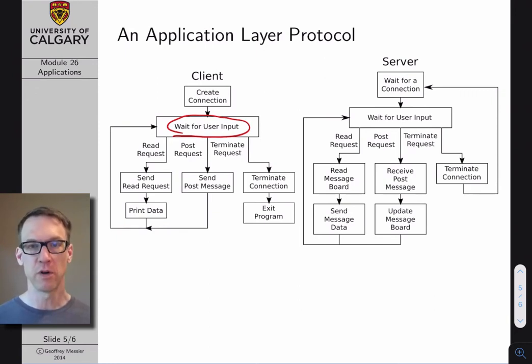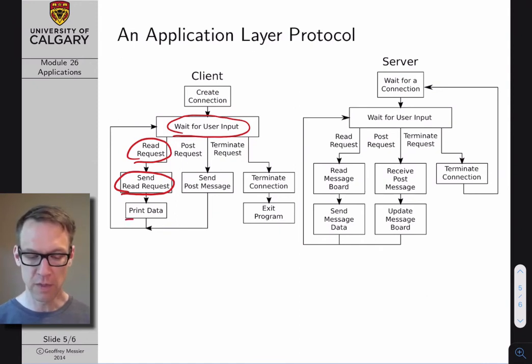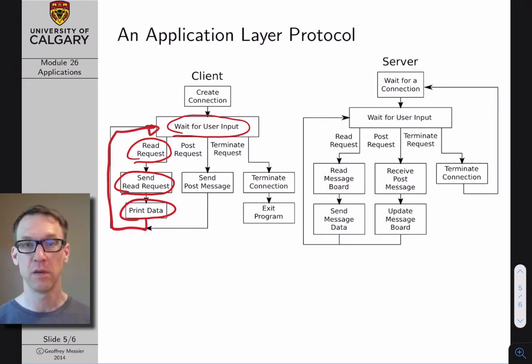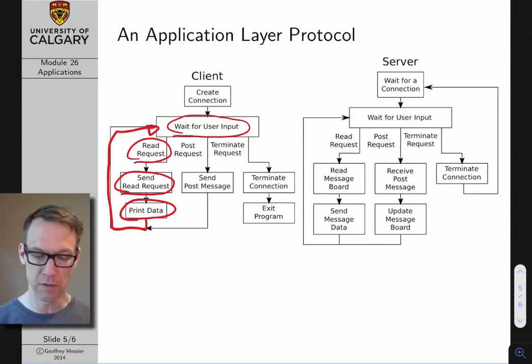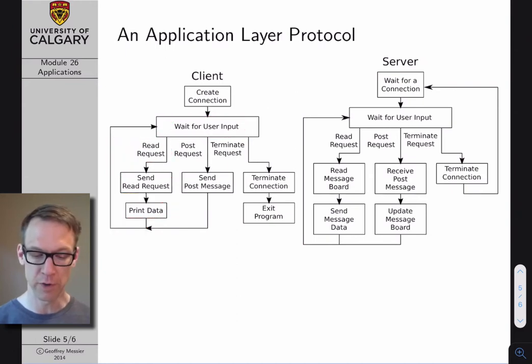Then the user presses a key to indicate what they want to do. If the user wants to read from the message board, we are going to send a read request to the server. Then we're going to print the data that we receive, and then we're going to go back and wait for the next input request from the user over the terminal.